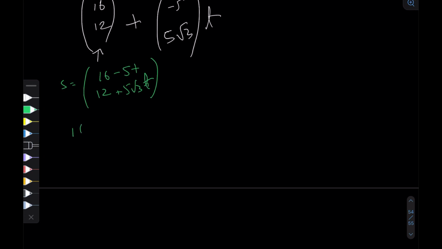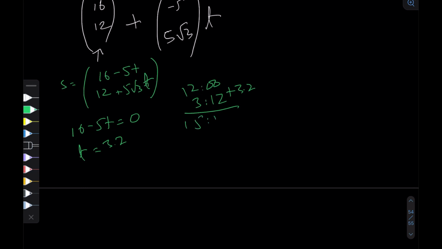Right, we want 16 minus 5t to be equal to 0. This will happen when t is equal to 3.2. So we start at 12 and we need to add 3.2 hours to it. It would be equal to 15:12. So at this time the ship is due north.